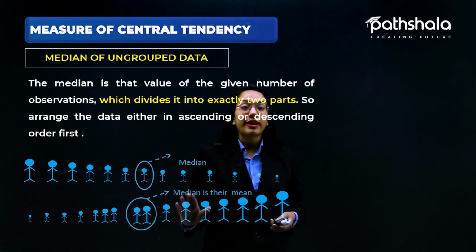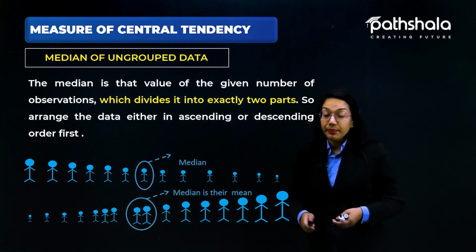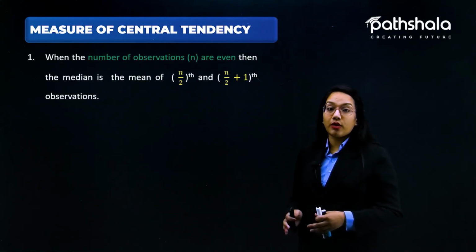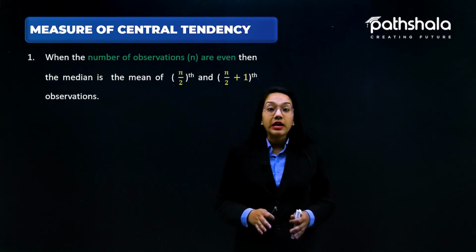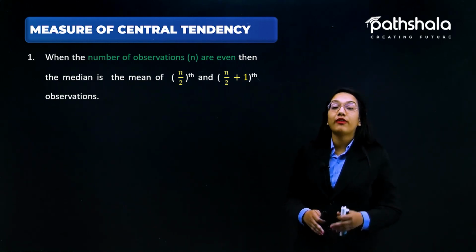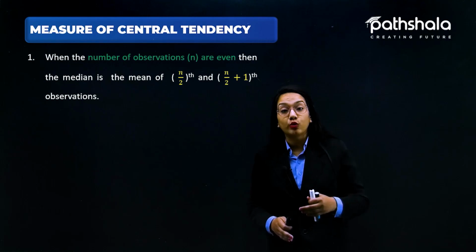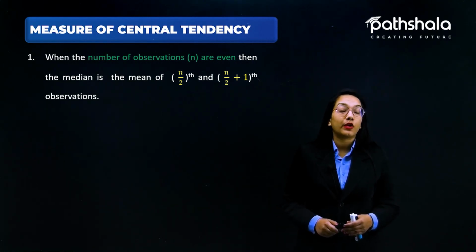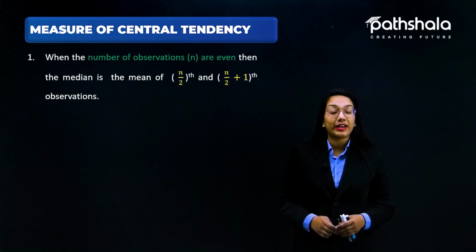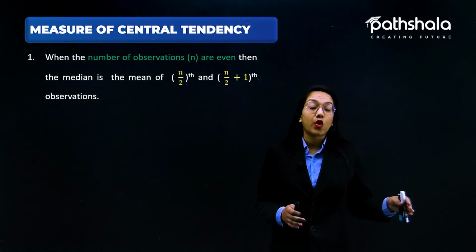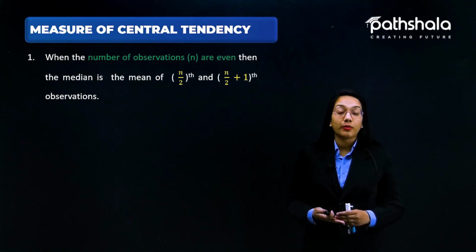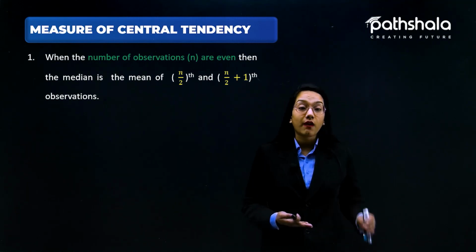So from this experiment, we can conclude that when the number of observations n is even, then the median is the mean of the n by 2th and n by 2 plus 1th observation. So always remember, in order to find the median, first of all we'll have to arrange the data in ascending or descending order, and then look at the number of observations, whether they are even or odd.